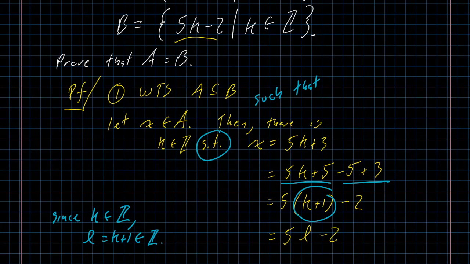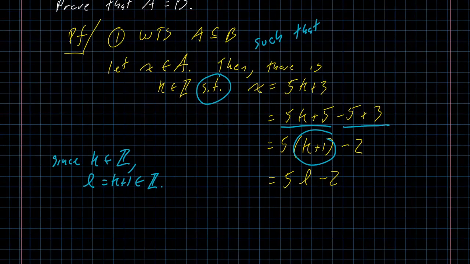So now we have written x as 5 times some integer minus 2, which is exactly the definition of set B at the top of the screen. So x is in set B by definition.